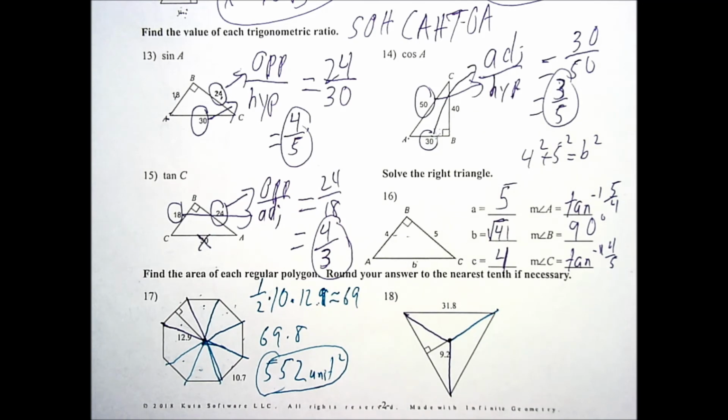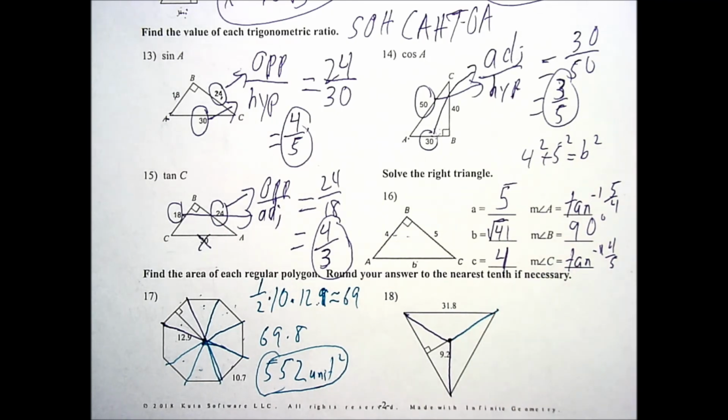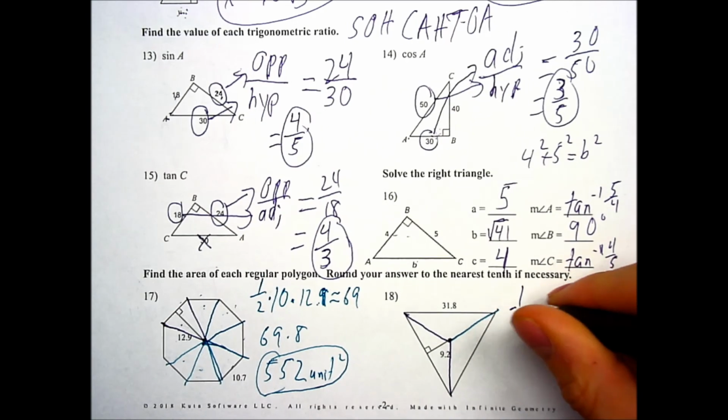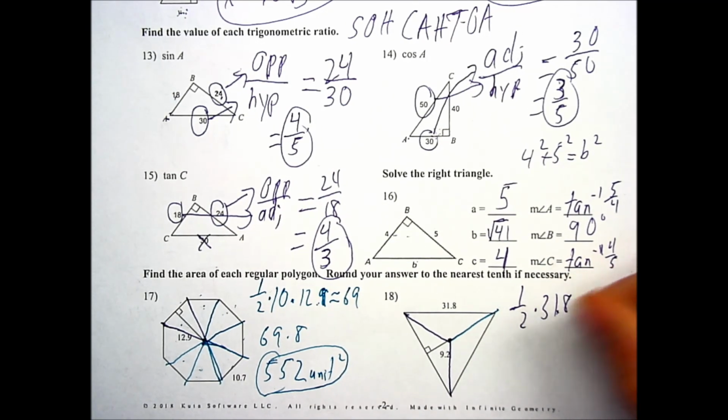So again, I can approach this the same way as the last one. It would be nice if I would have labeled, instead of the apothem, the entire height of the triangle, but I didn't. So I'll do half of 31.8 times 9.2 to get the area of one of the triangles here.